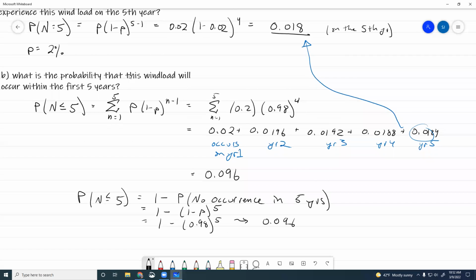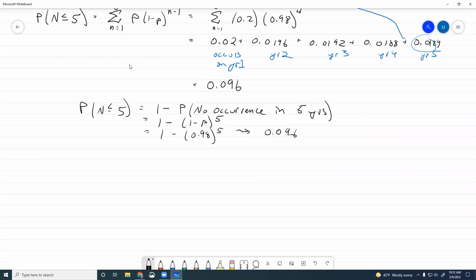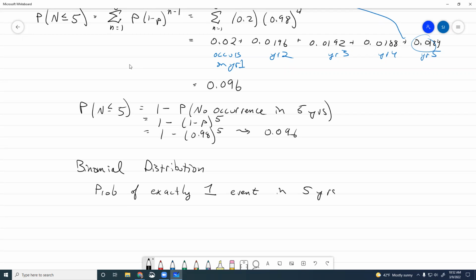Okay, last thing. This is different from the binomial distribution, and it's easy to confuse these things. The binomial distribution would be the probability of exactly one event in 5 years, which is a different question. It's not whether it occurs within 5 years, it's exactly one event. How many different ways can we have one success out of 5?